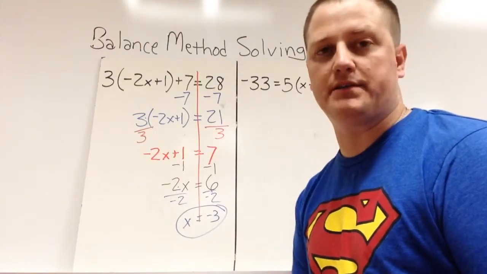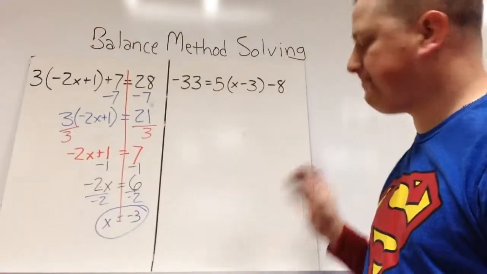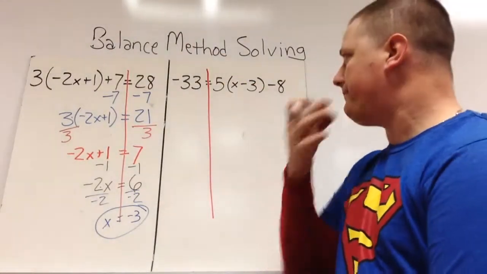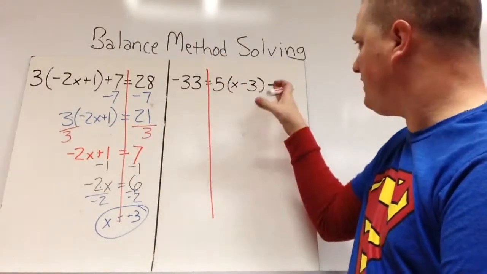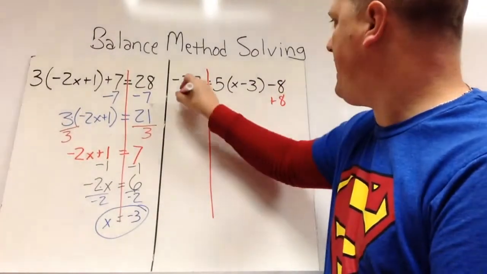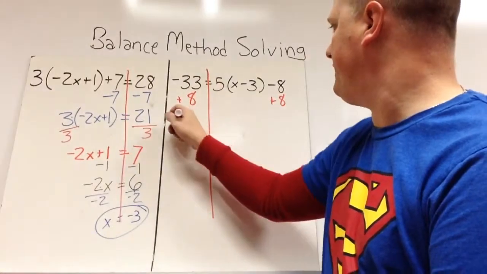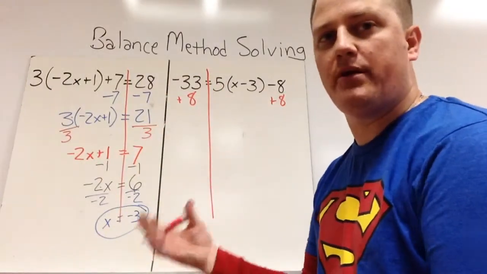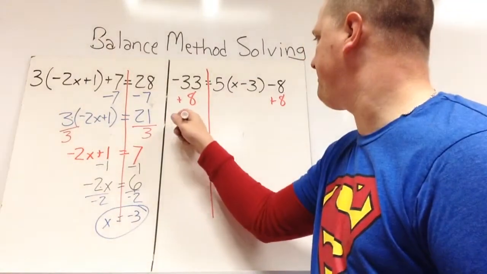I'm going to do 3 more examples. Okay, last thing we do in this is to subtract 8, so we need to do the opposite. Add 8. Integer math, if you don't know it, review it or use a calculator.